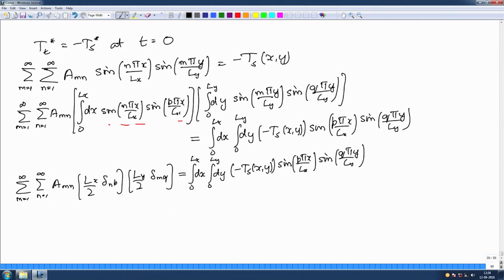And since delta n p is non-zero only when n is equal to p, and delta m q is non-zero only when m is equal to q, I effectively get a q p Lx Ly by 4 is equal to integral 0 to Lx.